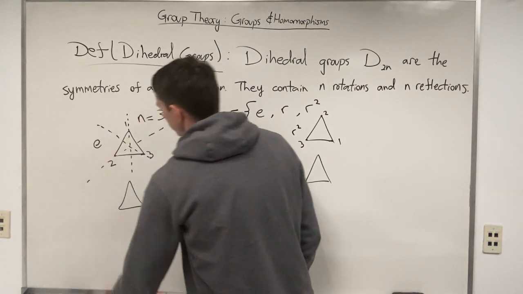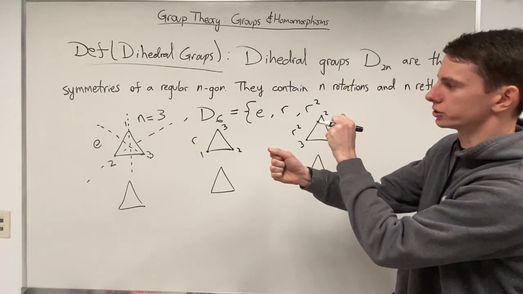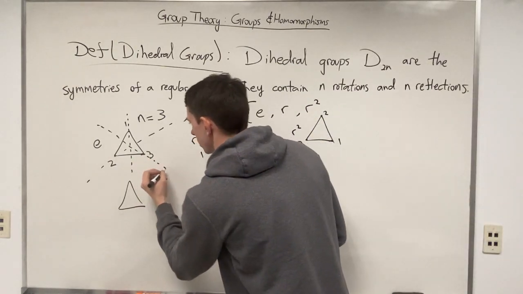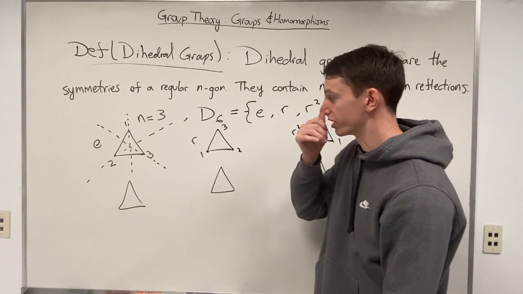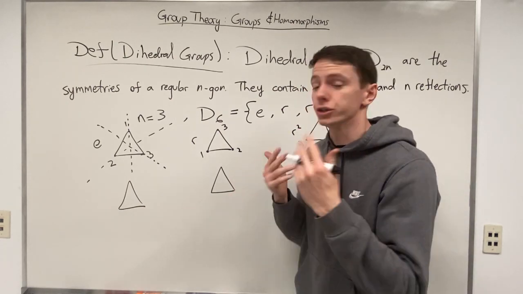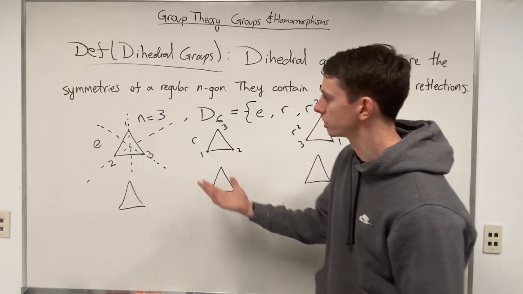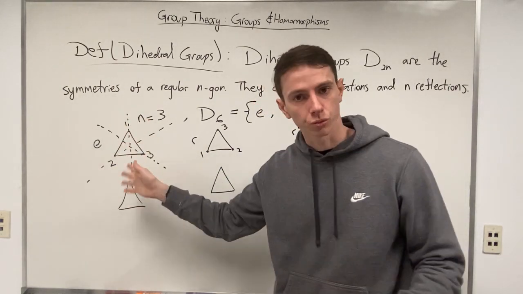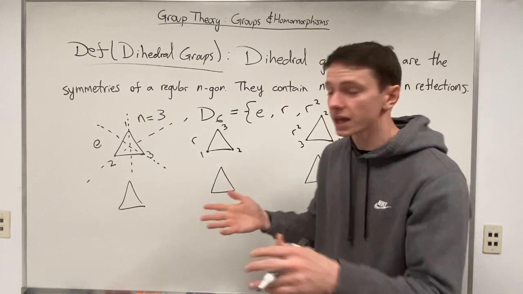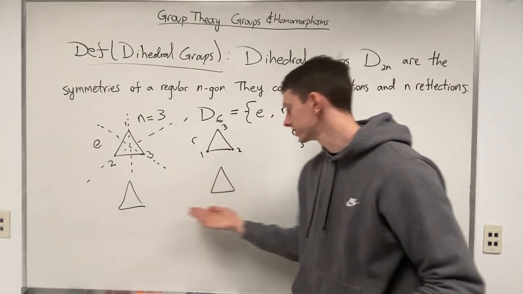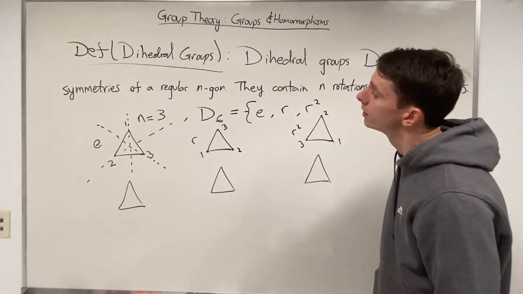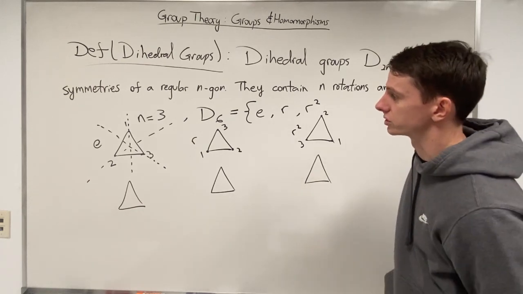And you can imagine reflecting the triangle across one of those 3 different axes. By doing that, you are still going to be left with an upright triangle regardless of how you reflect it across each of these 3 axes. But because of that, it's going to lead to a different symmetry. So let's see what that produces.